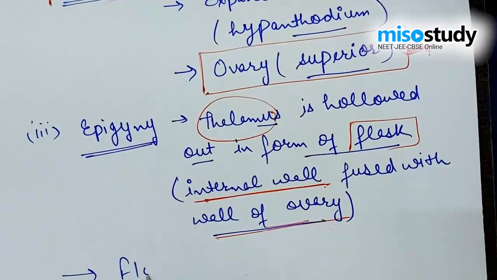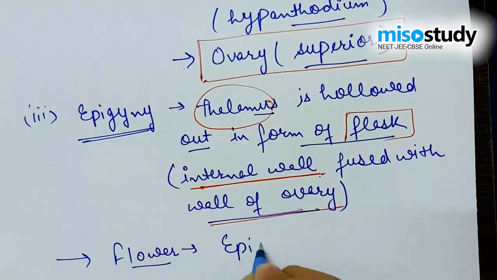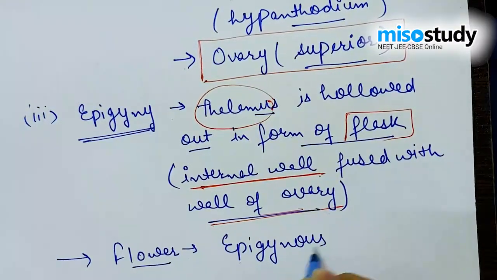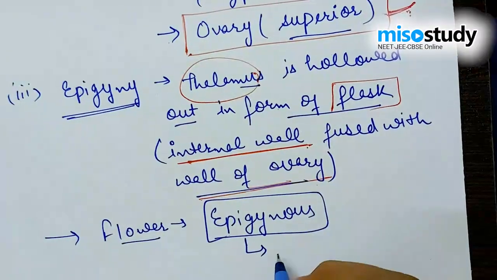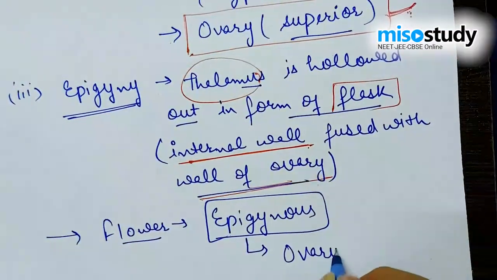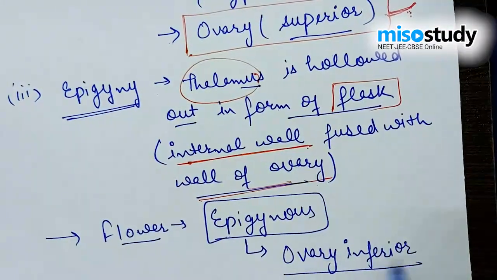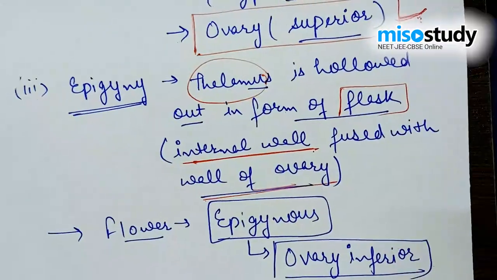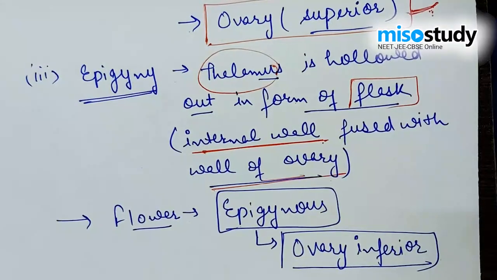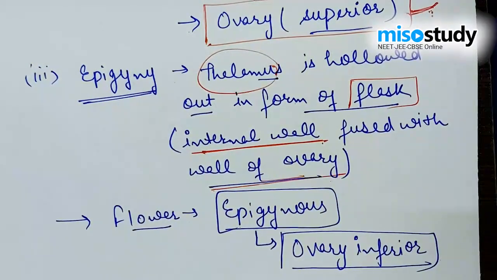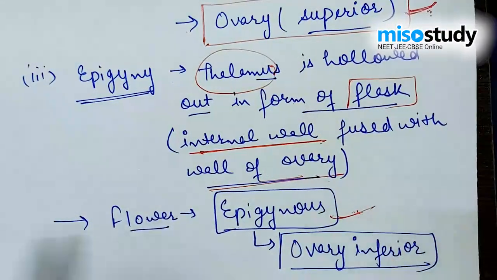In that condition, flowers are epigynous, and the ovary is inferior. The ovary shows inferiority, and the other flower parts such as the stamen, petals and sepals are present above it, and that's why the flowers show the epigynous condition.